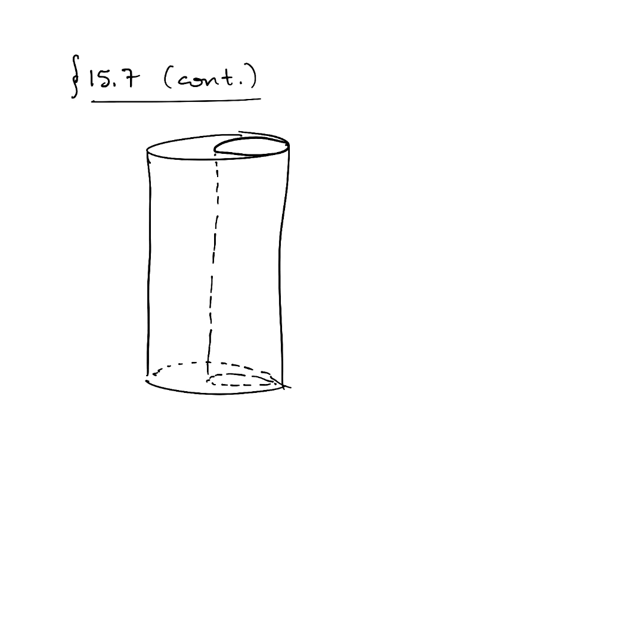All right, so that's diameter 2 and diameter 1. Okay, but that's not the end of the story. Also, we're going to cap that cylinder off with a plane on a 45-degree angle coming in on this picture from back to front. So like this.